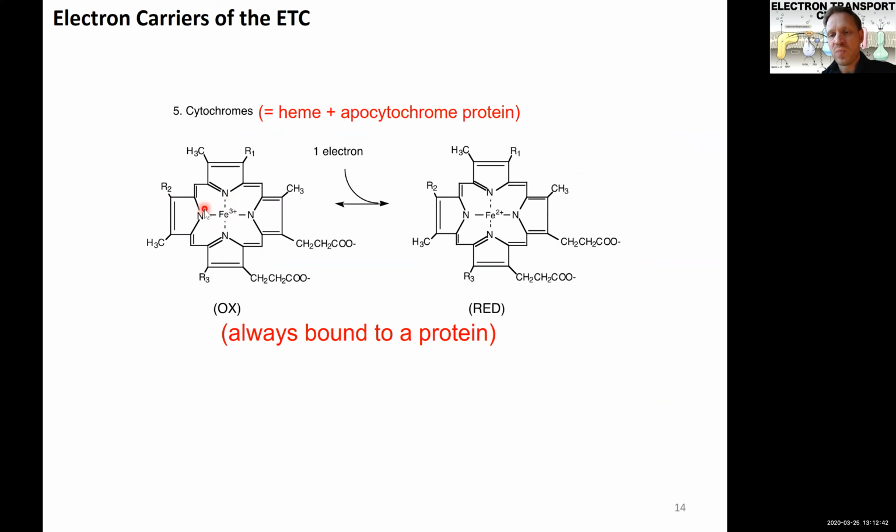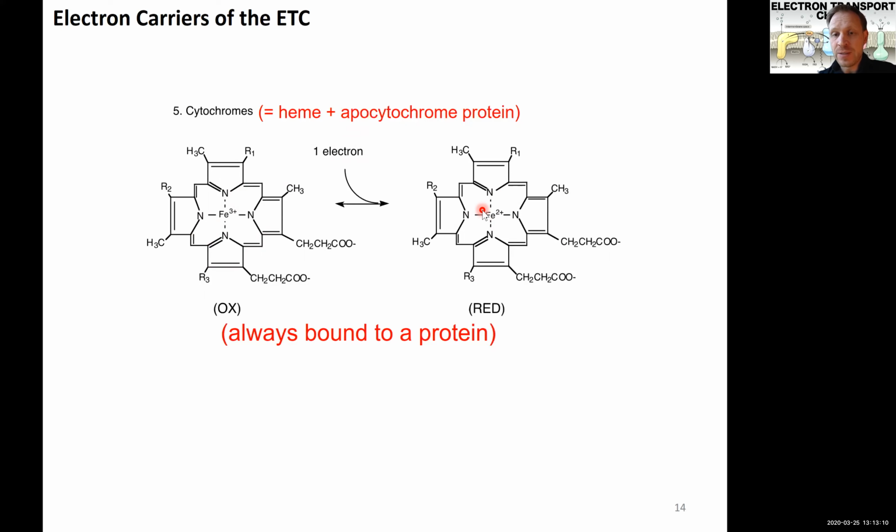So the biochemical principle is almost exactly the same as with our iron sulfur clusters, only that we're using a different substructure to coordinate the iron. But the idea is the same. You can have the iron here in its oxidized state, and it can accept 1 electron, reducing the iron in the middle. So much like the iron sulfur clusters, the hemes are obligatory 1 electron carriers.